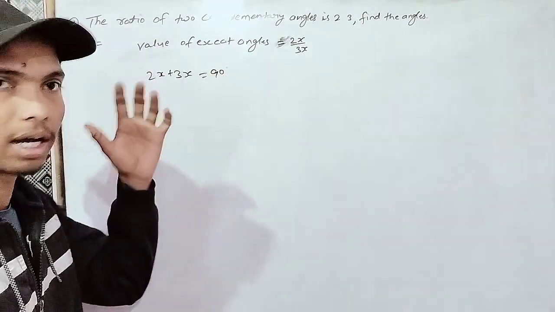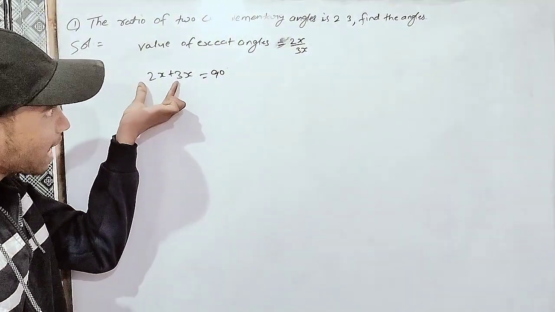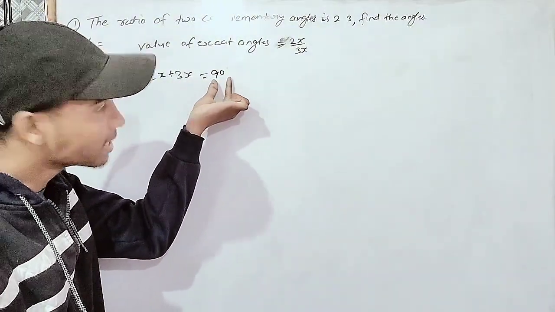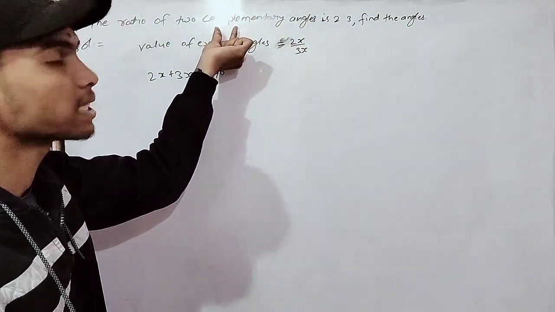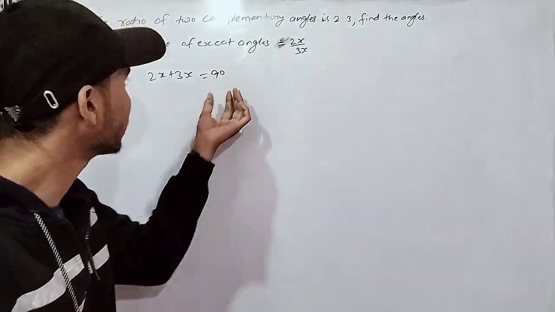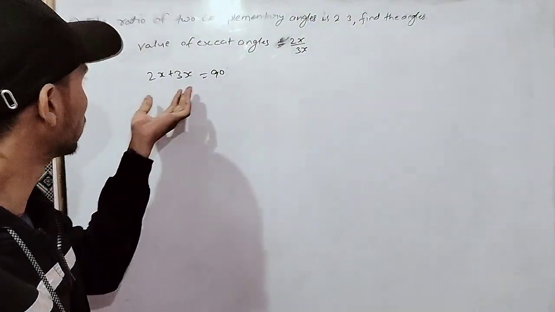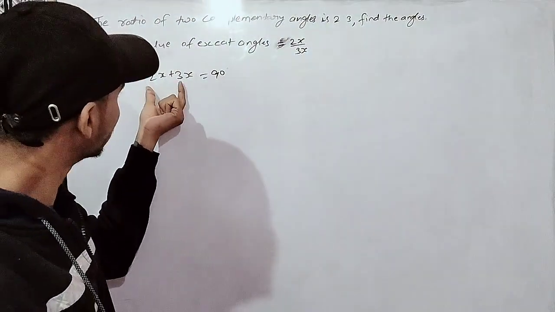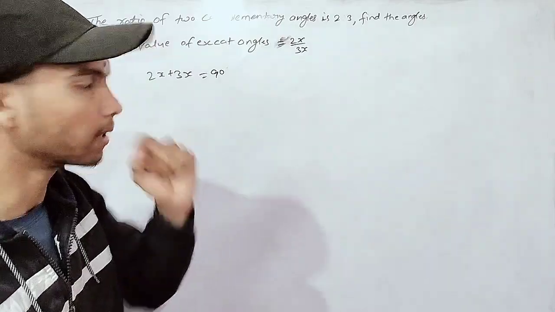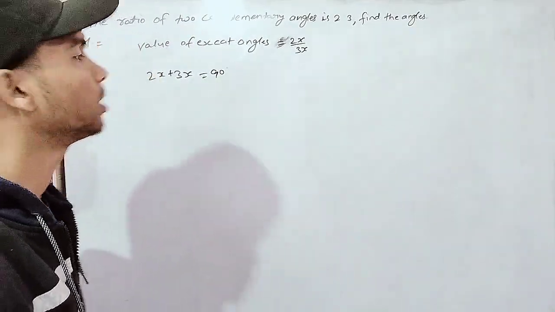This is a definition as well: the sum of angles is equal to 90 degrees. Okay, clear?